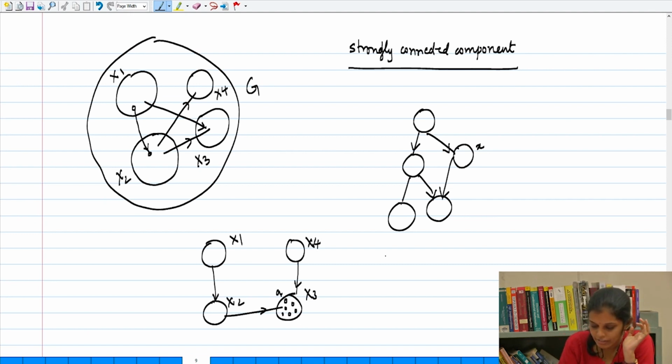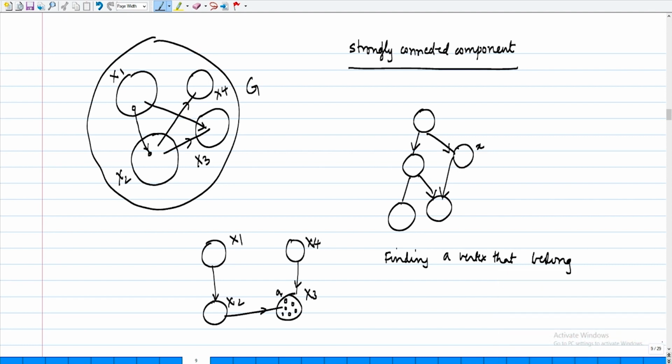We are interested in finding a vertex that belongs to a sink strongly connected component. We know that a sink strongly connected component exists. We know therefore that it must have at least one vertex. We would like to find such a vertex and start our exploration.